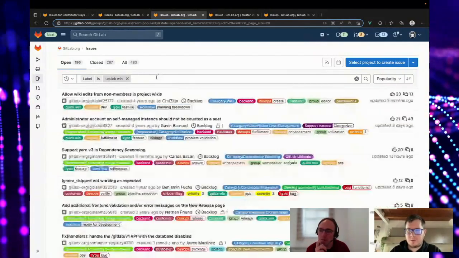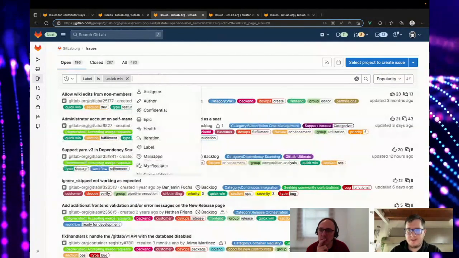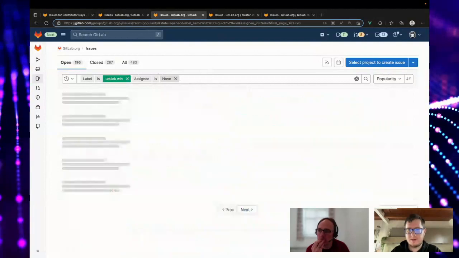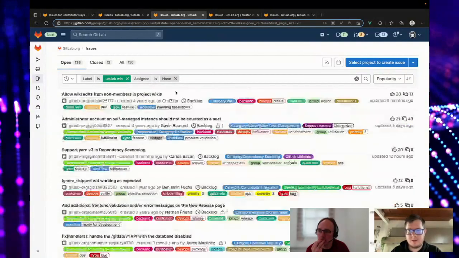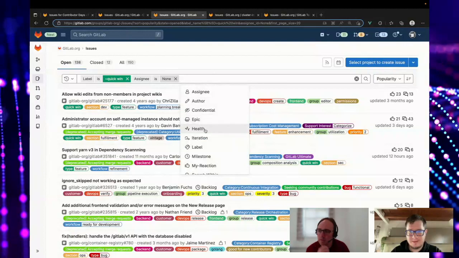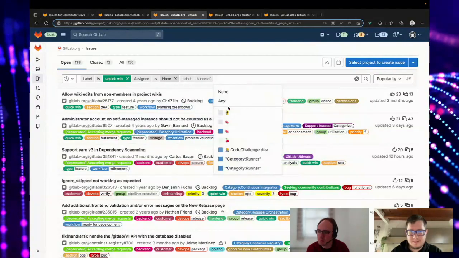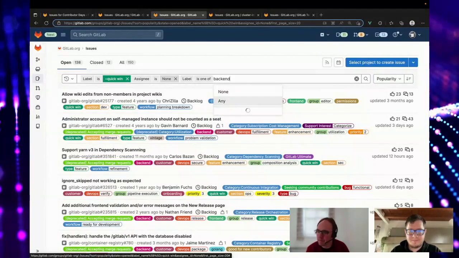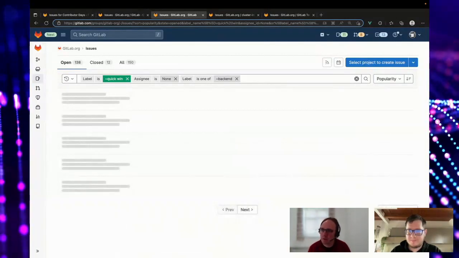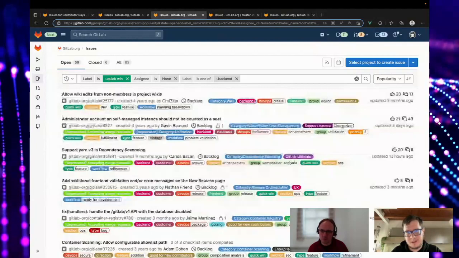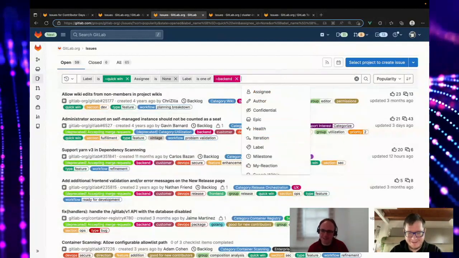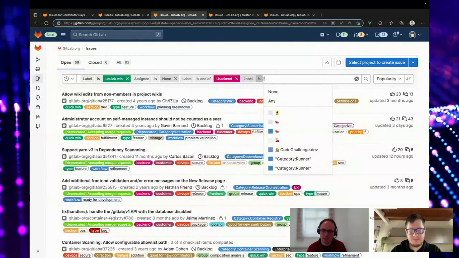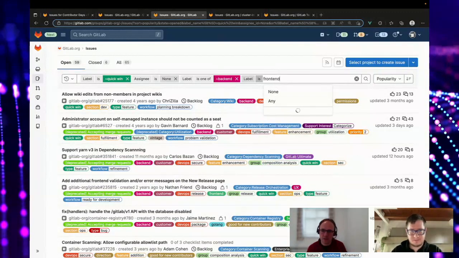Let's try. So quick win. I don't know if filtering for backend and frontend would be a good idea.